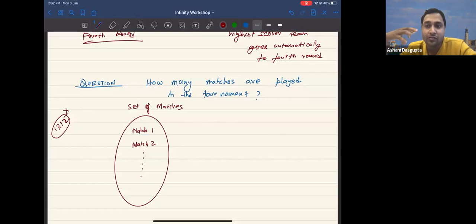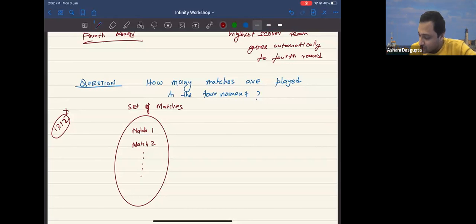You can do one thing. You can check how many matches are played in every round and you can keep on adding them. That's fine. That will work. That will give the final answer. But that is not the best way to do this problem. There is a very clever way to do this problem.